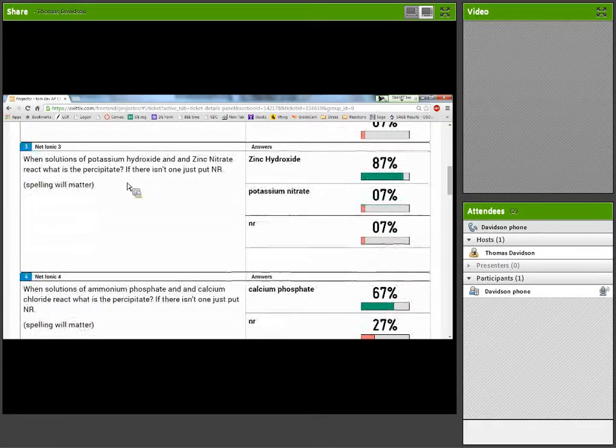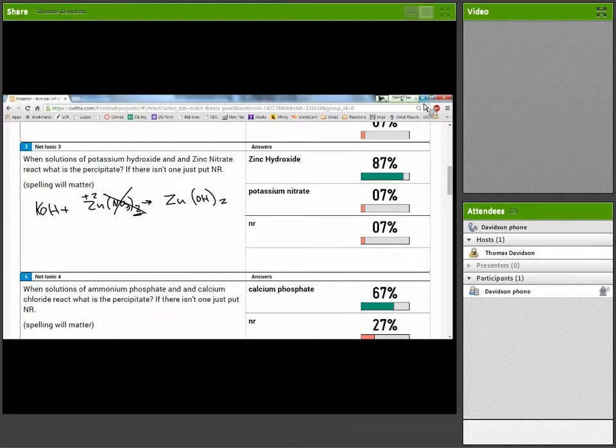Number 3, when solutions of potassium hydroxide and zinc nitrate react, so we have KOH plus Zn(NO3)2. Why is there a 2? Because zinc's always a plus 2, right? Kind of a pain, but it just always is. I know that K and NO3 probably will not form anything. So what I'm left with is zinc hydroxide, and I would check my solubility rules.